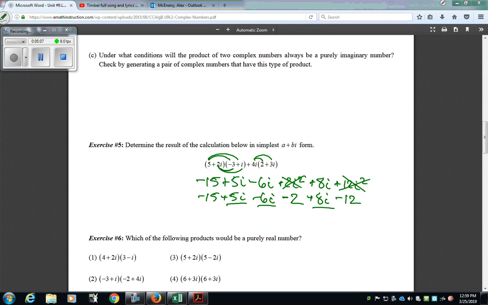So I got 5, negative 6, and 8, which would be 7i. And then we have negative 15, negative 2, and negative 12, which would be negative 29. Now, generally, the form is going to be a plus bi form. So the real numbers first, and the imaginary numbers second, which is why I wrote it like so.